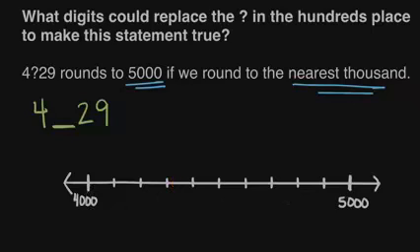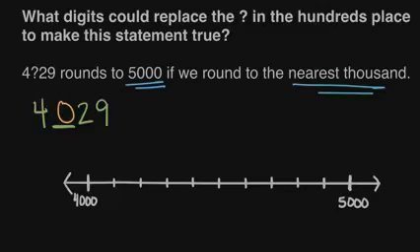So let's look back now at our number and try to fill in some digits and see where they land on this number line. Let's fill in the first possible digit as a 0. So this would be 4,000 hundreds 29. Well, that would be between 4,000 and 4,100. It's greater than 4,000, but not quite all the way to 4,100.